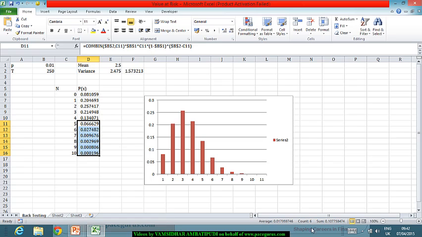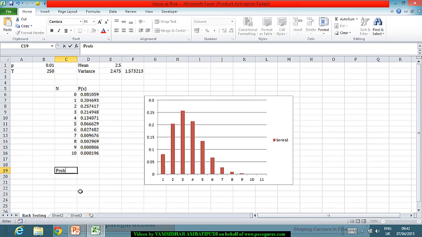The probability of rejecting the model, or the probability of type 1 error, is the probability that you reject the model even though it is correct. Let's say above 4 I want to reject it, which means I can say around 10.78% that this model will be rejected.